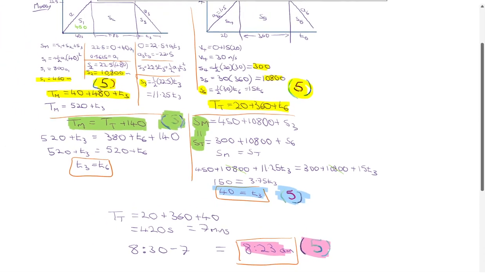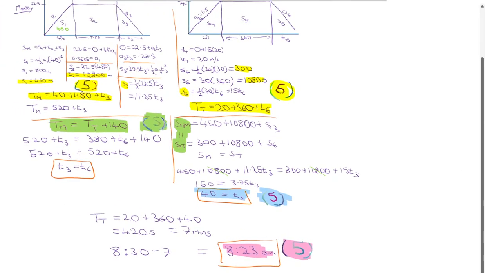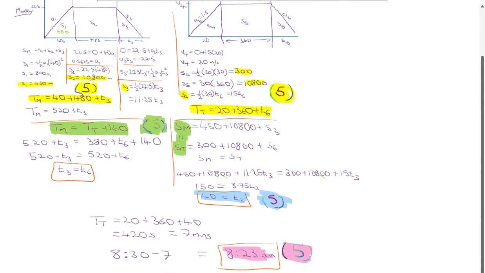So no matter what time you get, even if it is minus 39 minutes, whatever, if you get something ridiculous and wrong, if the time was minus 7 minutes, you put down 8:37, you get 5 out of 5 because that is what your calculations have shown. So that 5 marks at the end, no matter what answer you get, you should get full marks for that.